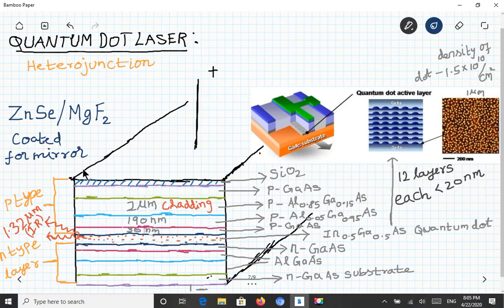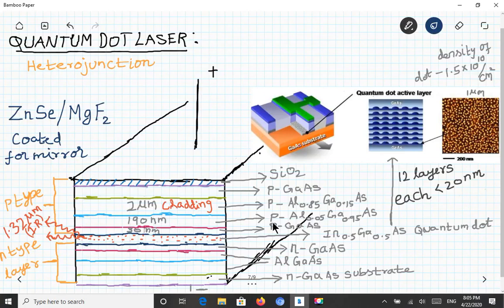Here for that optical resonator, zinc selenide or magnesium fluoride has been coated in both sides, in this side and that side.